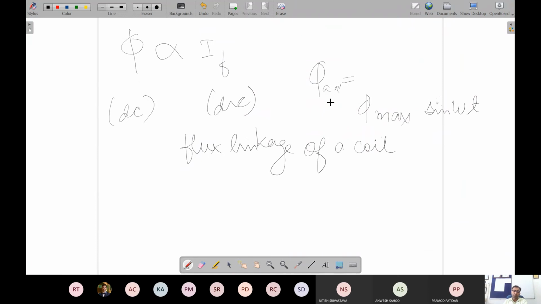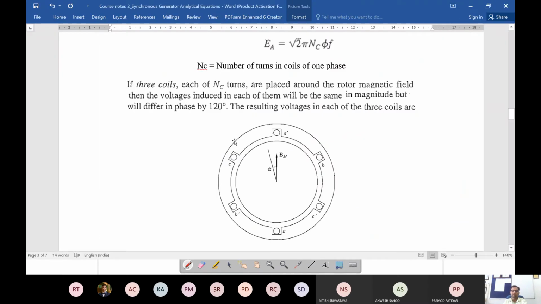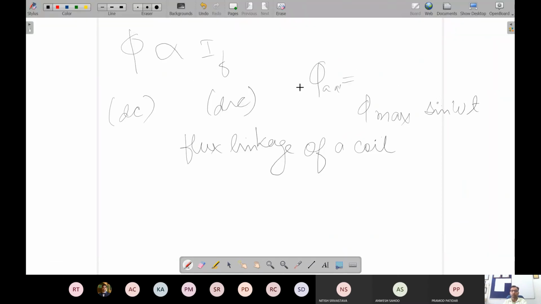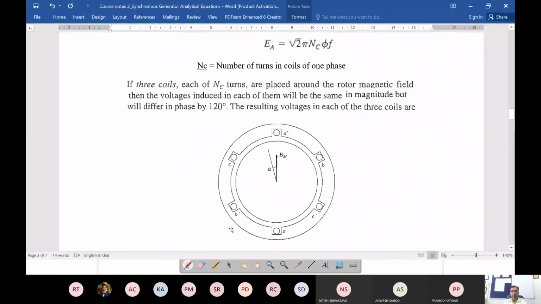And because these three coils have a phase difference, if I write phi AA dash like that, then I can write phi BB dash. BB dash is this particular coil, so you have AA dash here and then BB dash here. If we go in this direction, A dash A, then CC dash, and then BB dash.